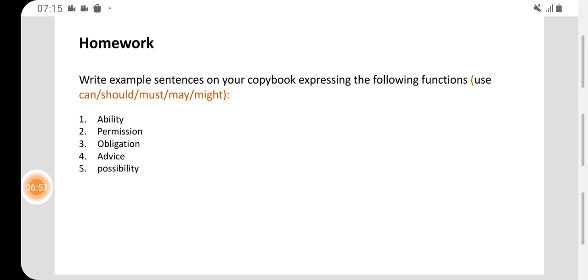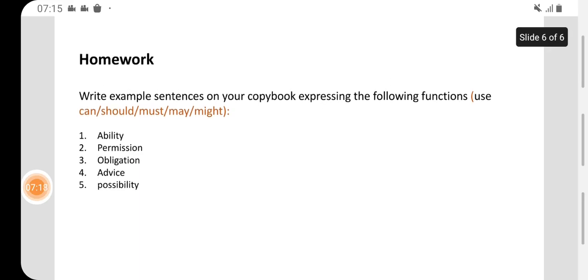You know what kind of modals we use to express ability? And then permission. You need to take permission from somebody, writing an example sentence for it. Obligation. Advice, giving a helpful suggestion. And the possibility, talking about something that's possible to happen.